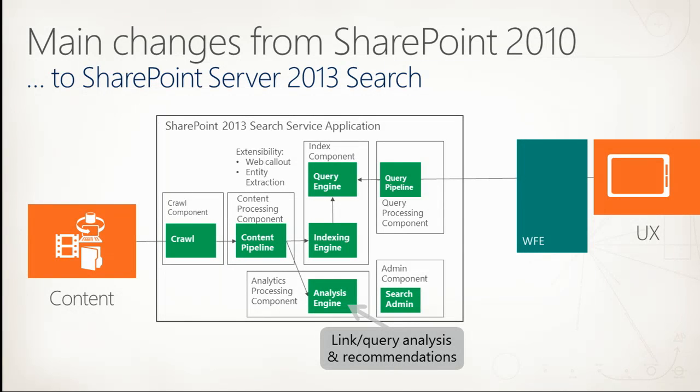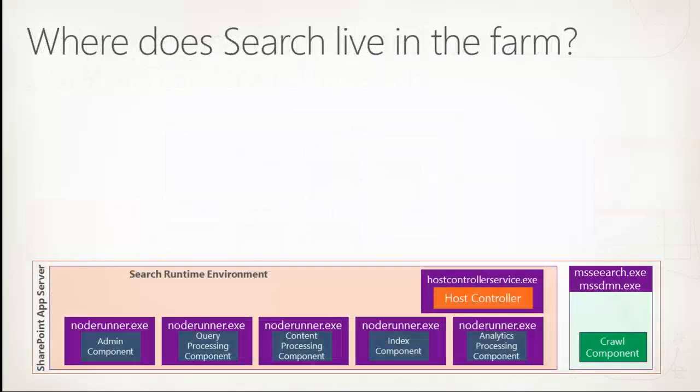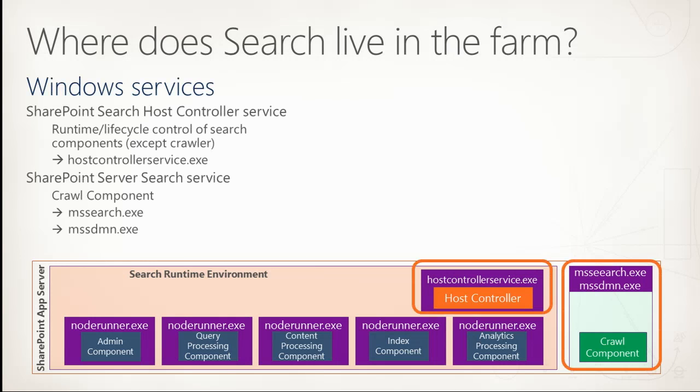Okay, let's talk a little bit about where these components actually live on the farm. For those that were in the presentation, I talked about this briefly. I'm going to go into more detail now, and that is there are two primary processes or parent processes that manage the search farm.